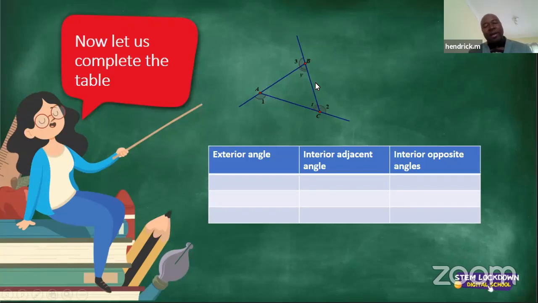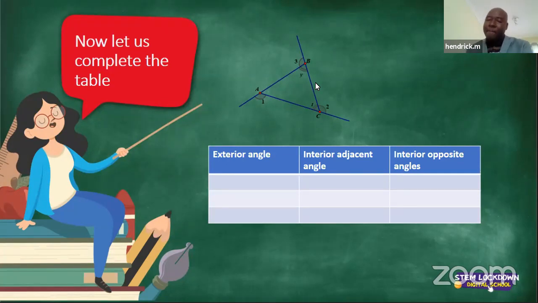Now, we were just talking, Lauren just mentioned all the exterior angles. So she mentioned 3 of them: 2, 3, 1. Those are the angles that she mentioned. So right now, I've just given you a solution to the first one here. I've mentioned A1, which is an exterior angle, and I've said that the interior adjacent angle is BAC.